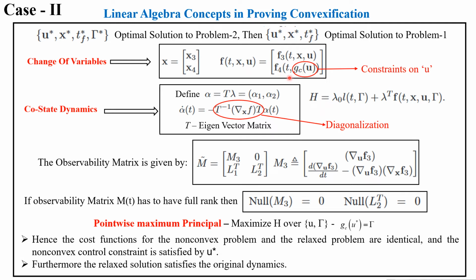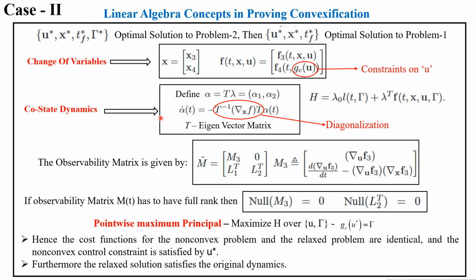So for this, what we have to do is formulate the co-state dynamics as mentioned here. You take a term alpha that is being transformed using the matrix T from the co-state dynamics lambda that was used before. So this is the process of diagonalization used here, and T is the eigenvector matrix of this Jacobian of function f with respect to x.